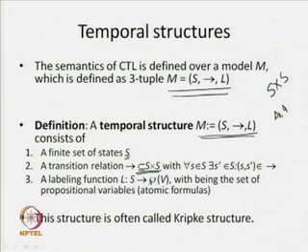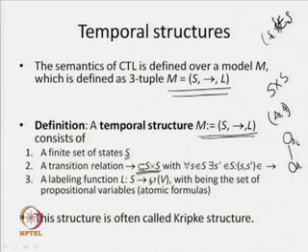Say if S 0 and S 1 belong to S, then (S 0, S 1) will be a component in this Cartesian product. What does it mean? That means we have a transition from S 0 to S 1.